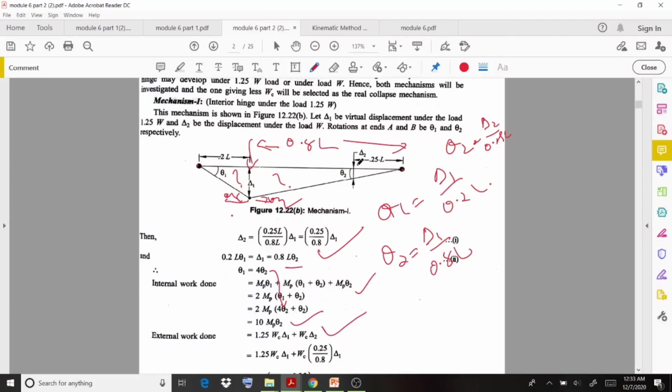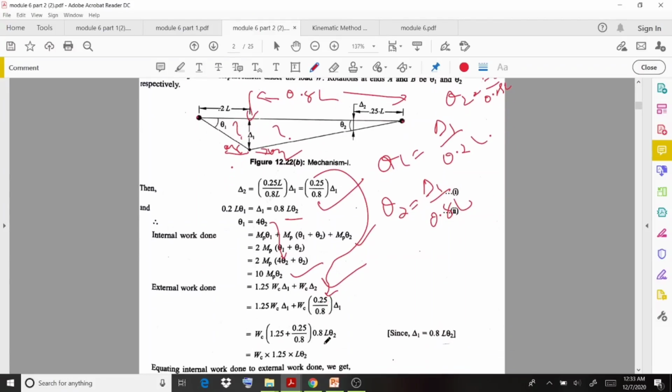Here only W is acting, WC multiplied by delta 2. Then very easily you can substitute those values. For delta 2 you can substitute this value, that's written here. And finally you substitute for delta 1 as 0.8L theta 2. If you substitute those values, this is your external work done.